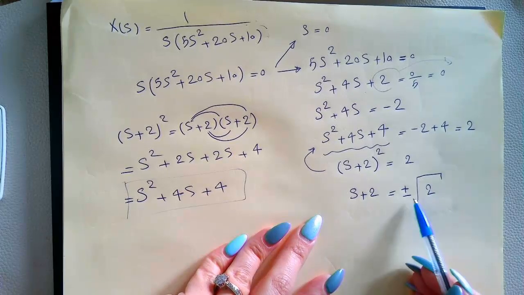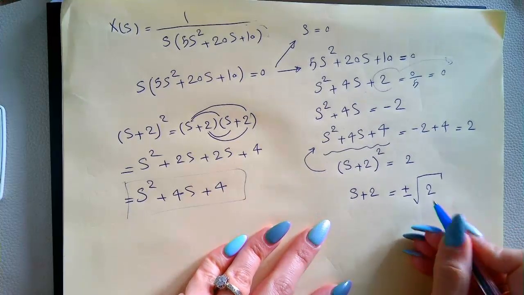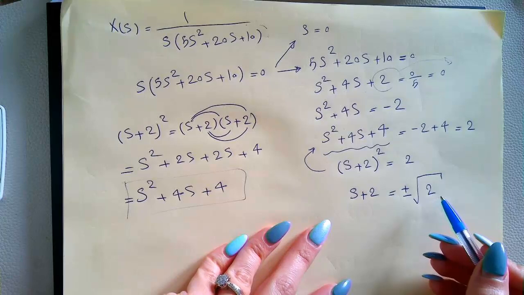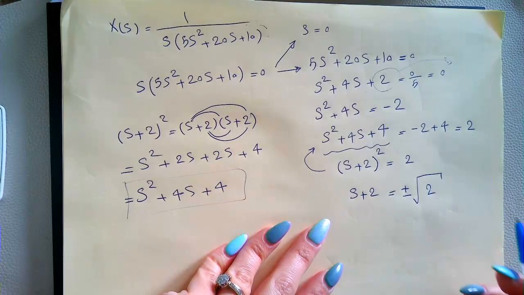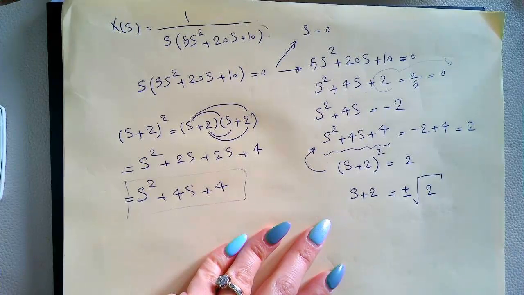So that's one of the possibilities. Now we can use a calculator to come up with the result of minus the square root of 2. I give you a second to calculate that yourself before I write it down.